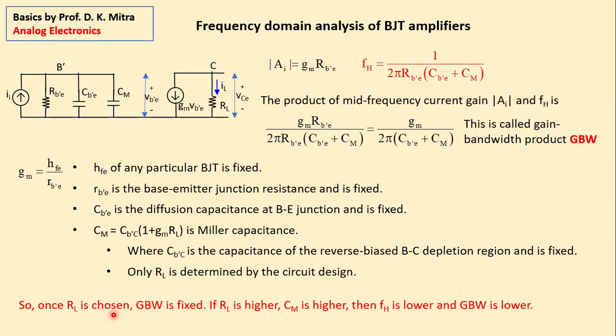You cannot do anything. By doing other calculations, you can increase the gain, but you will see its bandwidth has reduced, the upper cutoff frequency has reduced. If you try to increase the upper cutoff frequency, you will find automatically, after all calculation, that its gain has reduced, right? So this is the relevance of the gain bandwidth product.